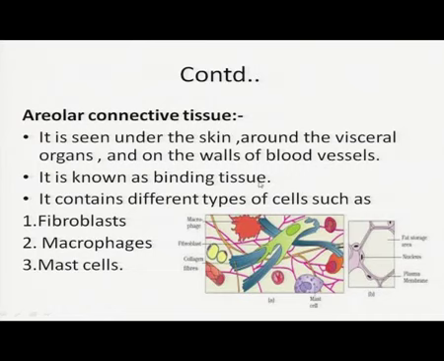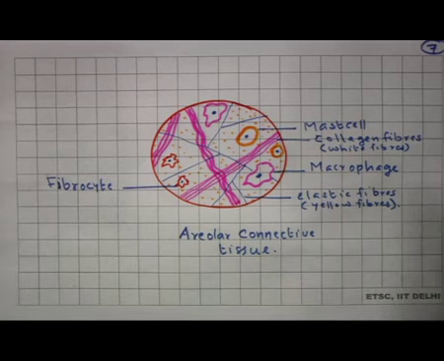It is known as binding tissue. It contains different types of cells such as fibroblast cells, macrophages and mast cells.